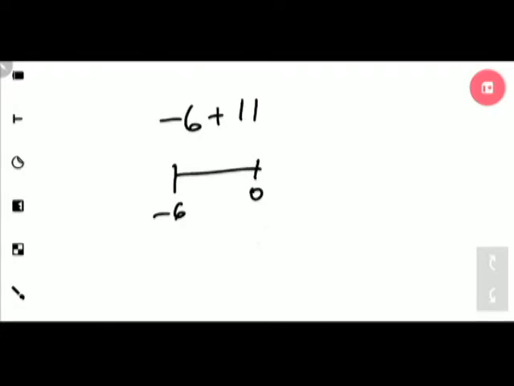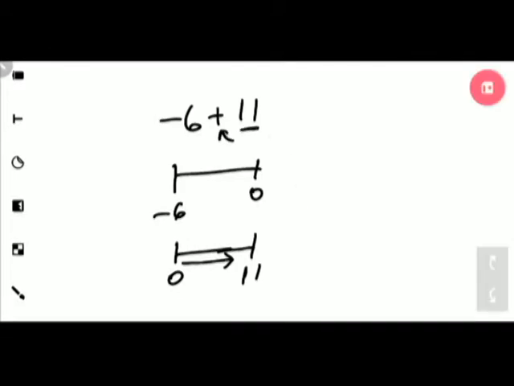And you don't even necessarily need to start at the 0 and go this direction, because it really doesn't make a difference. You can make this one completely separate and just go like this, 11. The point is that you know that you are going this direction with this value.